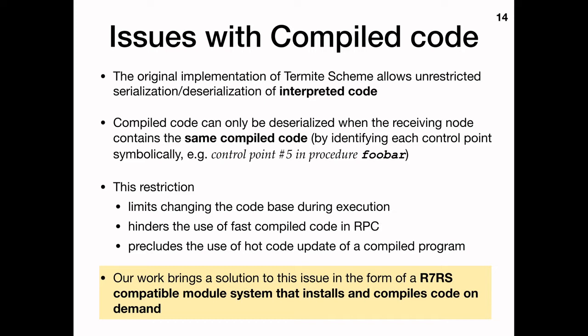But when the code is compiled, the deserialization requires the receiving node to have the same compiled code as the sender. And the same compiled code means having each control point, which can be an entry point to a function, a procedure, or a return point.